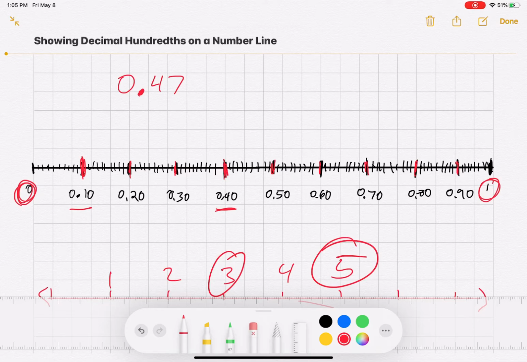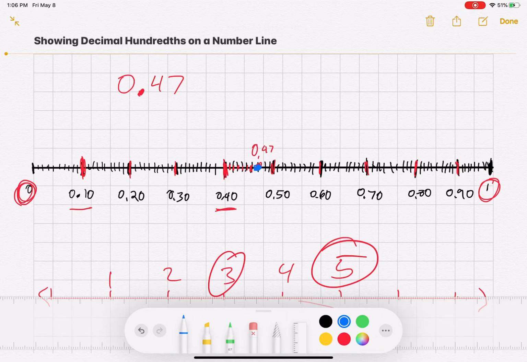So there's 40 hundredths, and there's 41, 42, 43, 44, 45, 46, and here is 47. So this would be 0.47. Okay, so I'm going to make that blue so it's easier for you to see right there. That's how I would find and plot that number on my number line.